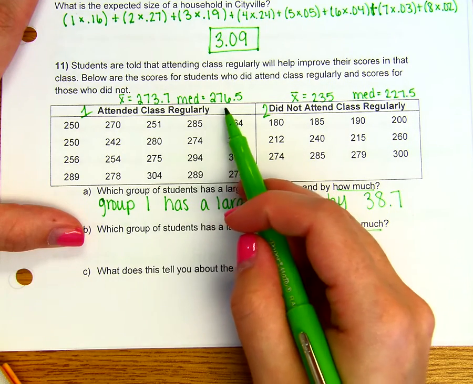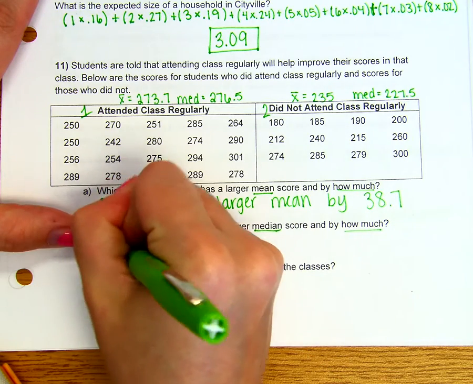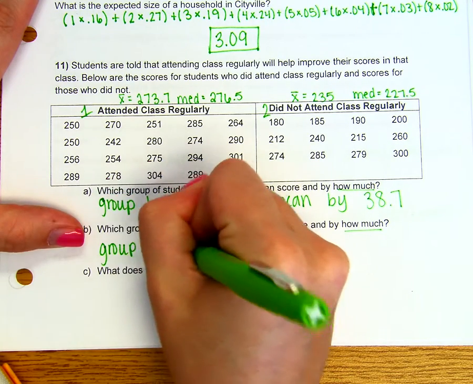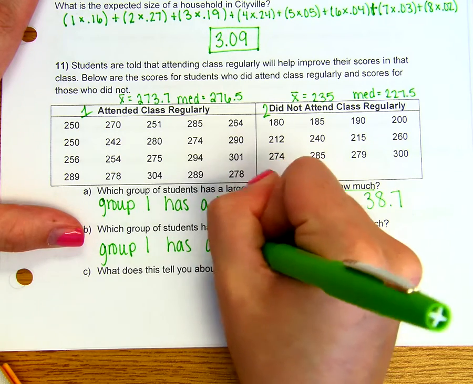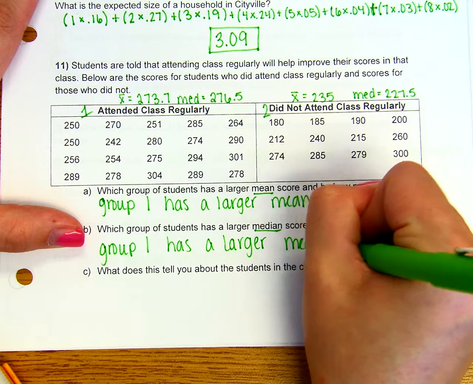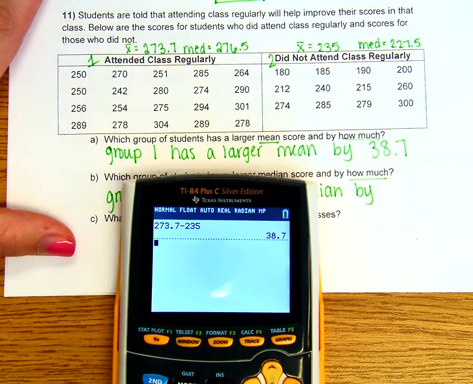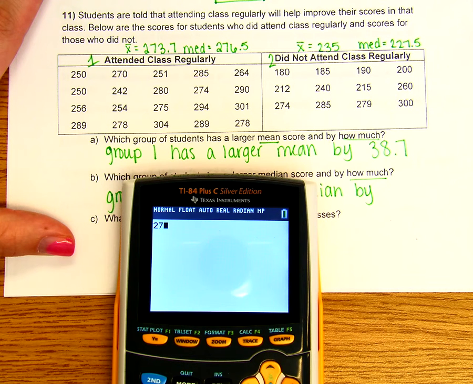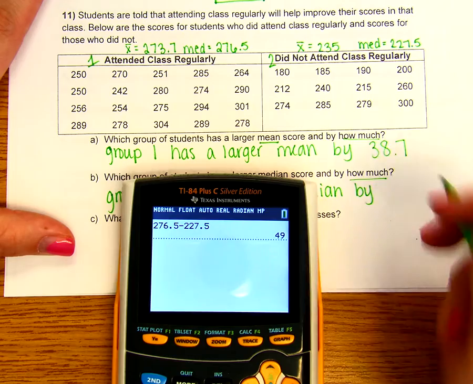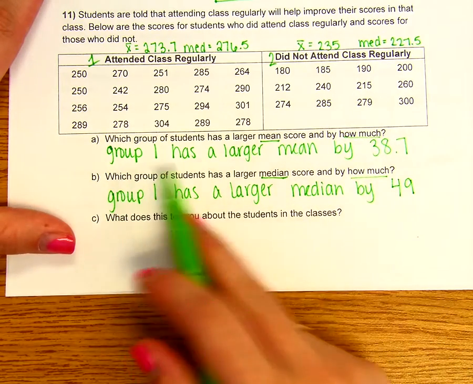Which group has a larger median score? Well, 276 and 227. Oh, it's group 1 again. Group 1 has a larger median by, and so we're going to do that math again, 276.5 minus 227.5, and we get 49.